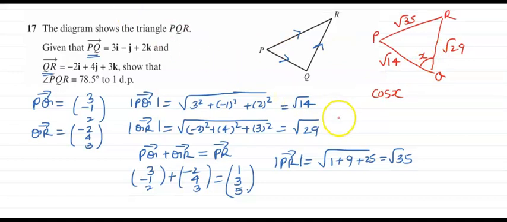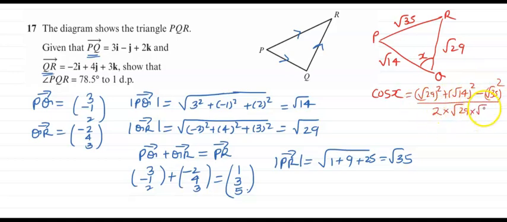Okay, to find the cos of X using cosine rule, root 29 square plus root 14 square minus root 35 square divided by 2 times root 29 times root 14.